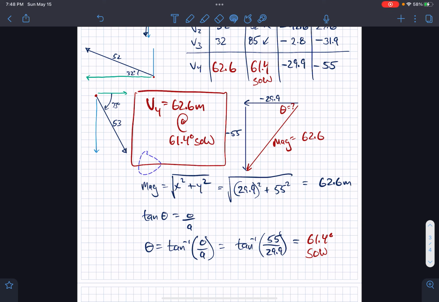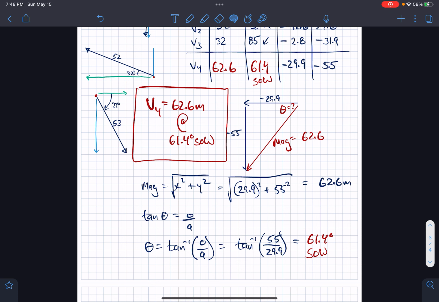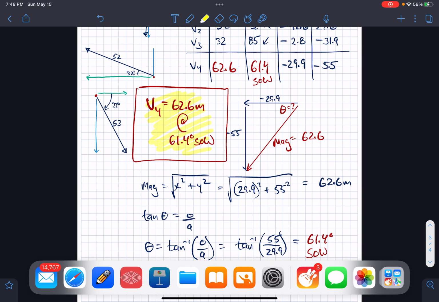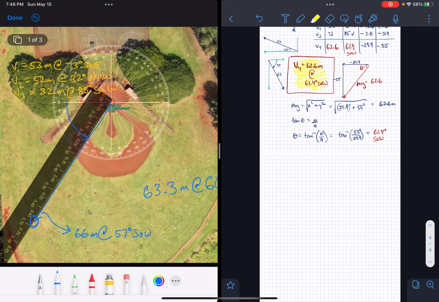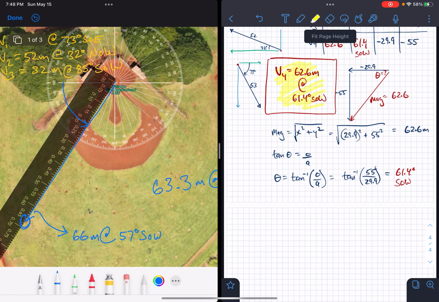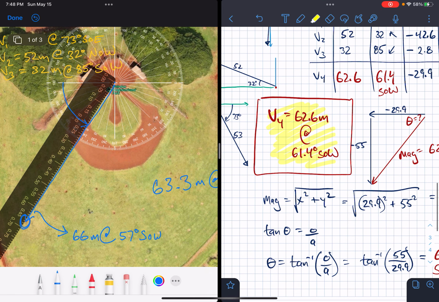Now, keep in mind, we did some rounding, and when we measured our initial vectors, we're using the ruler and the protractor, but there's a little bit of error associated with that as well. Let's see how well this 62.6 meters at 61.4 degrees south of west matches up with our original answer that we measured kind of by hand. We got 66 meters at 57 degrees south of west.